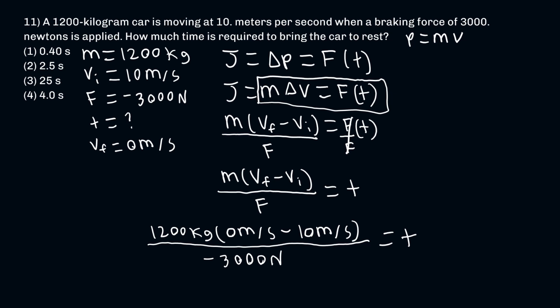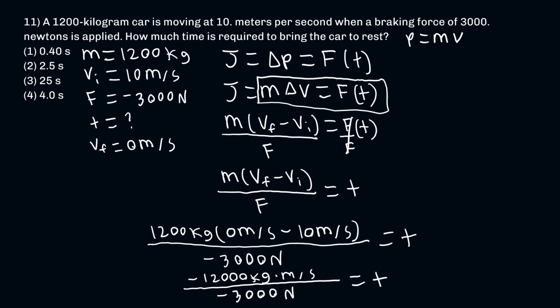When I plug this into the calculator, I'm going to end up with negative 12,000. So I should end up here with negative 12,000 kilograms times meters per second, over negative 3,000 newtons is equal to time.